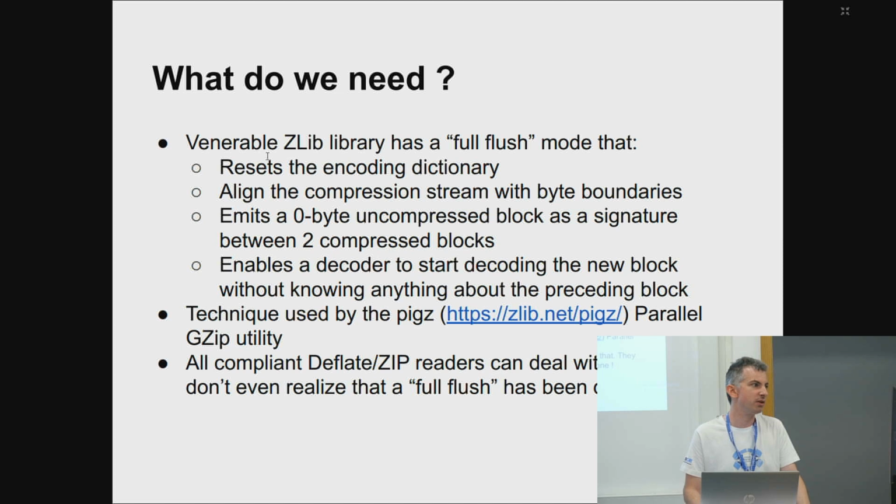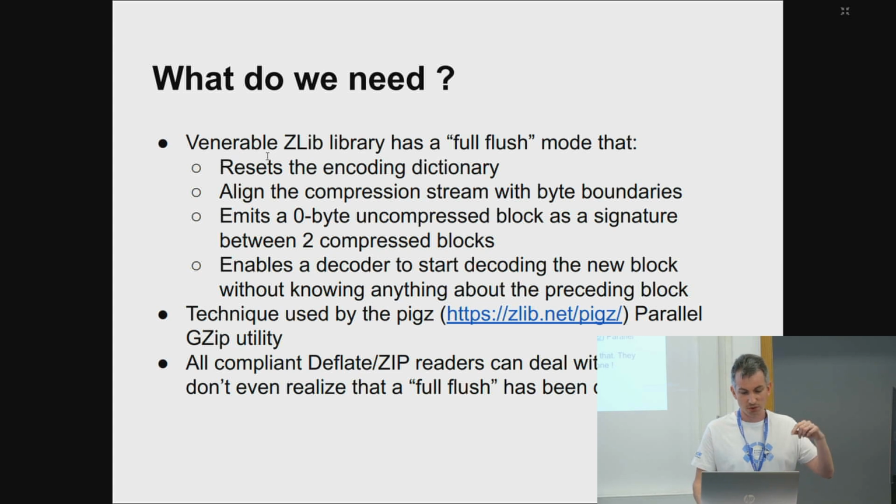And actually, it's not a new technique. It was used for years by the pigz utility, which is probably not well known, but it's really worth looking at if you don't know it. It's a parallelized version of the GZip utility that can produce such independent blocks, and it's also multi-threaded, so it can compress a file very, very fast.